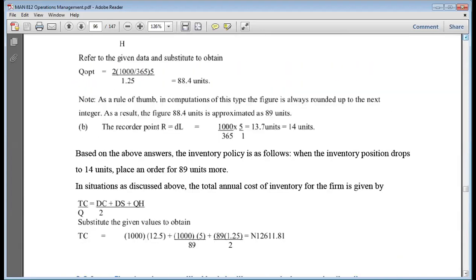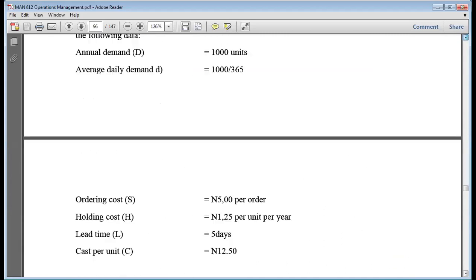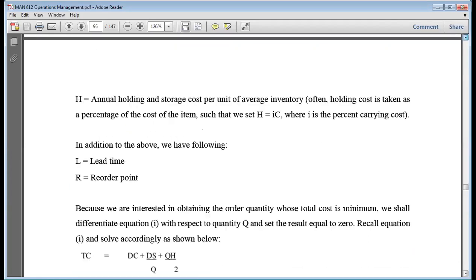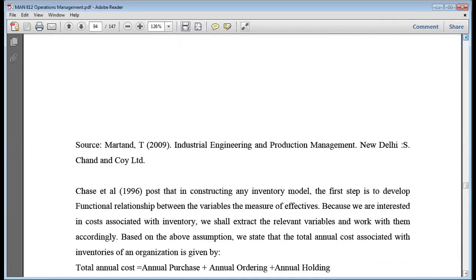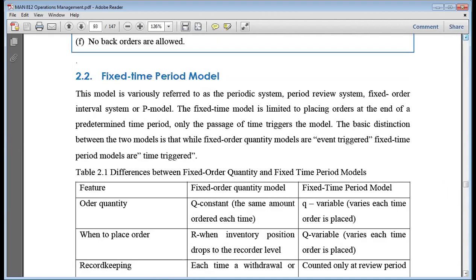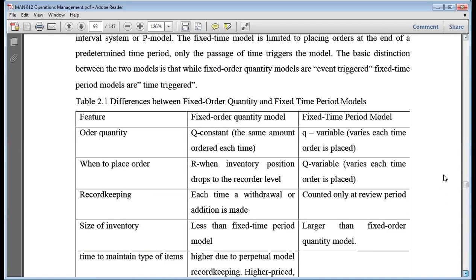In this place, economic order quantity, the last thing I taught you. Let me just go back to it. You know, I taught you about inventory last week.